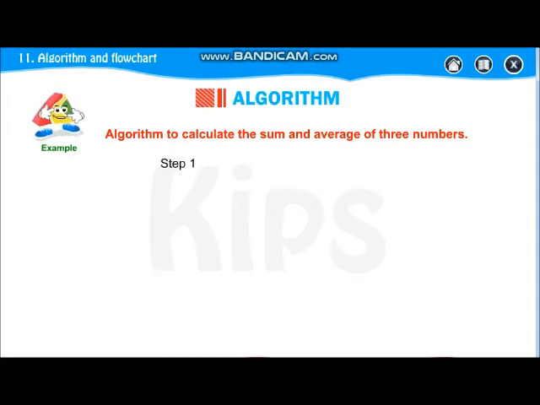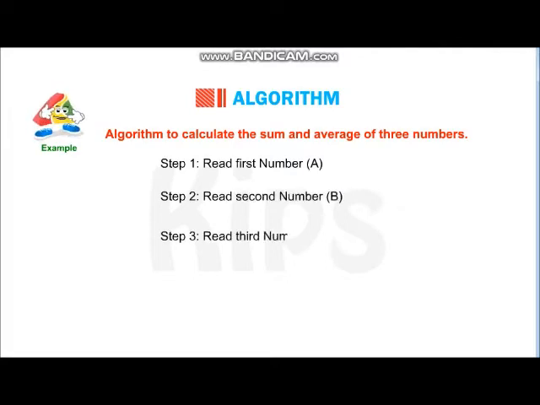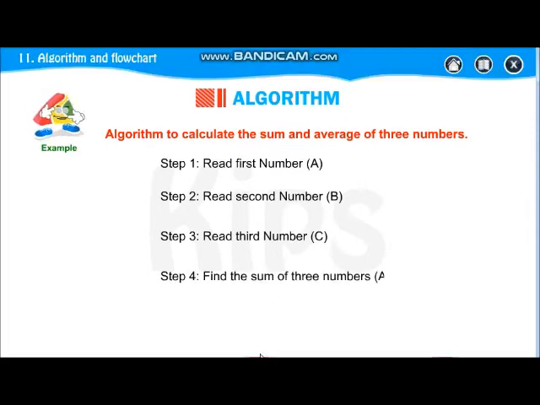Three numbers. So step 1, read first number as A, step 2, read second number as B, and step 3, read third number as C. Step 4, now what do you have to do? You have to find the sum of three numbers. So what will you apply here? A plus B plus C.